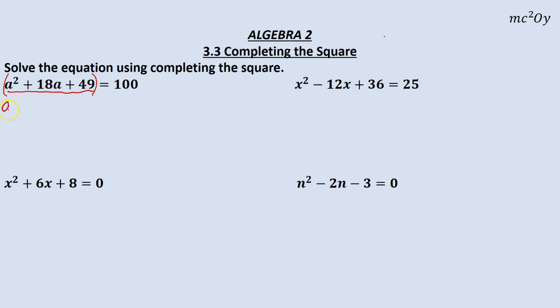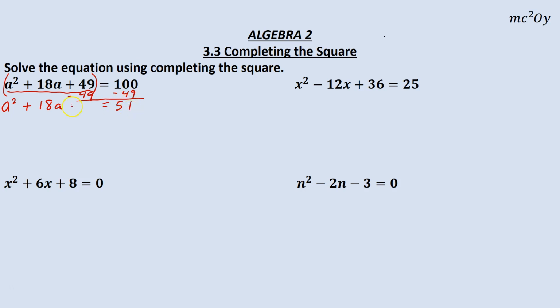So what I'm going to do is rewrite it without that 49, meaning I'm going to move this 49 over to this side. Okay, I'm going to subtract 49 from both sides. So that's going to give me a squared plus 18a equals 51. All right.